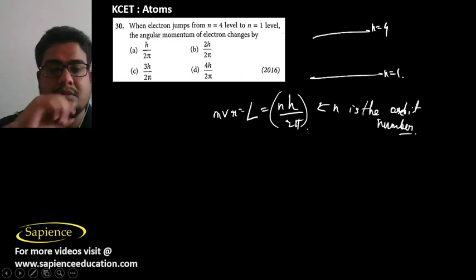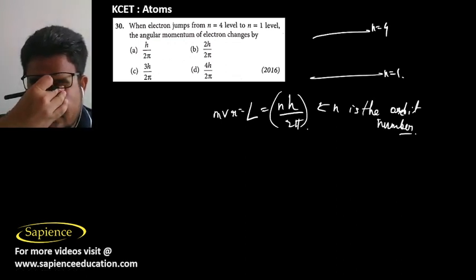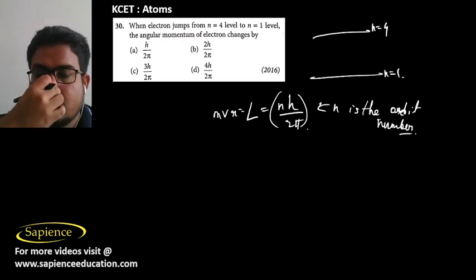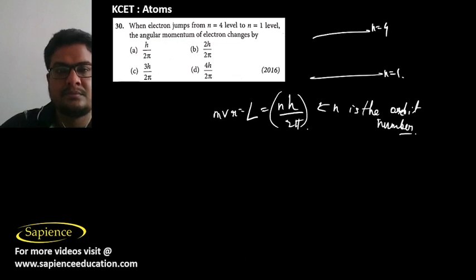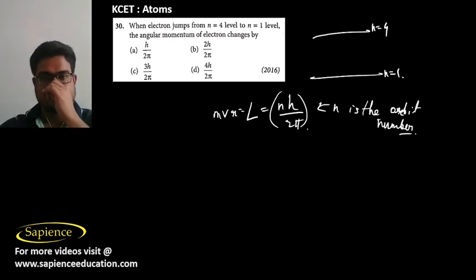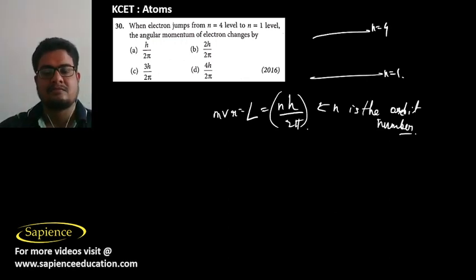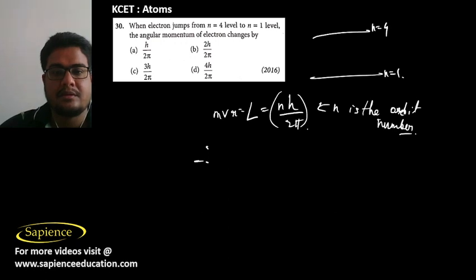Therefore, let's say the angular momentum for orbit number n is Ln.